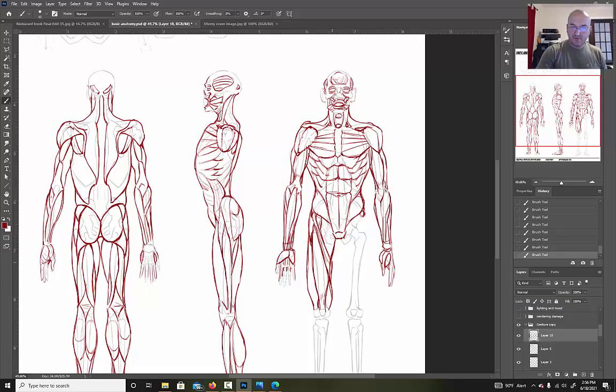Probably bring that out a little bit further and this in a little bit further, just for symmetry's sake.